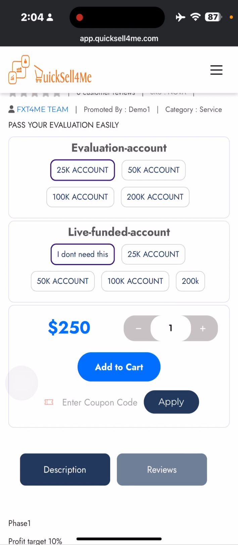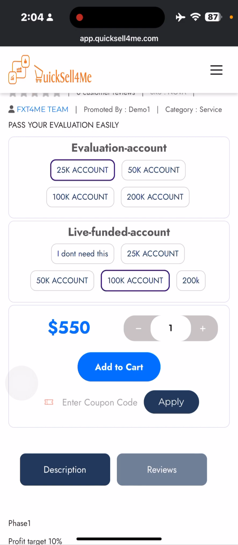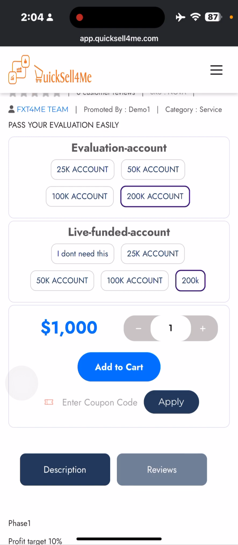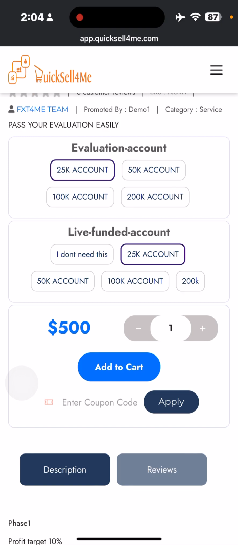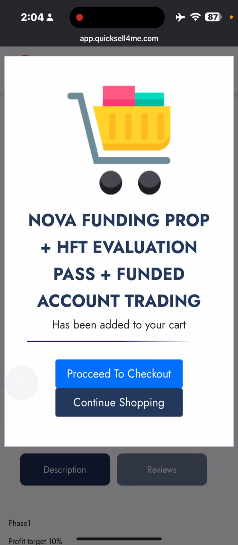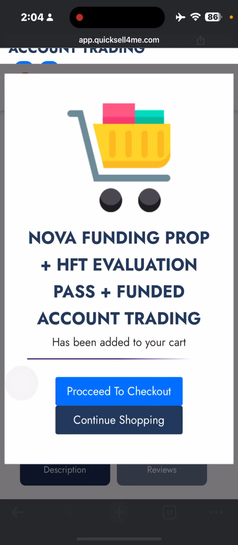But if you also want us to trade it for you, you choose the one you want, 25k and 25k. Then you click on add to cart. Once you click on add to cart, you click on proceed to checkout.